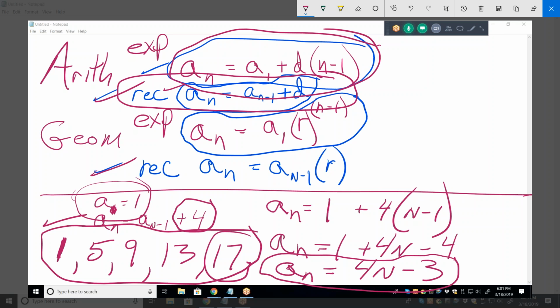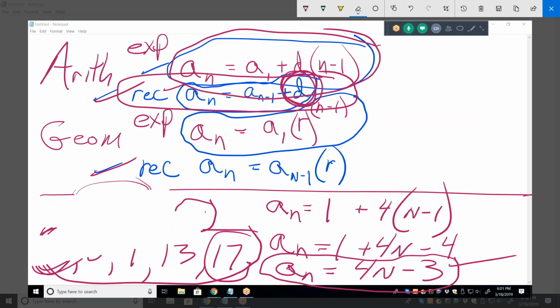And from the explicit definition, I guess we really don't need the explicit definition. Once we know a sub 1, in other words, they give us this term, and we know that d is 4, we can write the first 5 terms from that information alone. Didn't really need to solve it for the explicit definition.